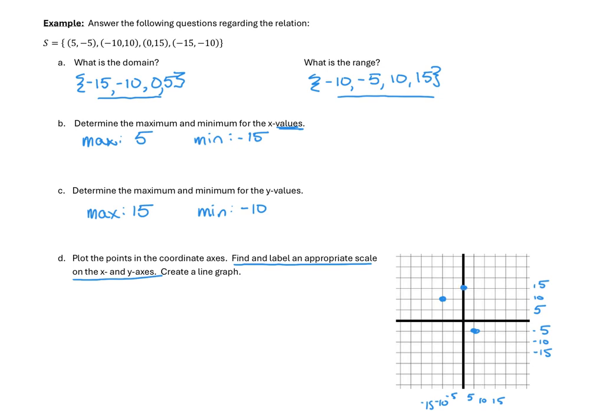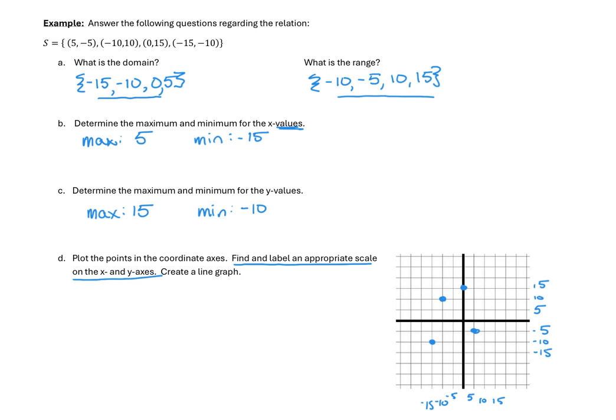And then my last one, negative 15, negative 10. If we plot this, we're going to go 15 to the left. So we have 5, 10, 15 to the left, and 10 down. We go 5, 10 down, and so we should end up right here. And that's what we have.